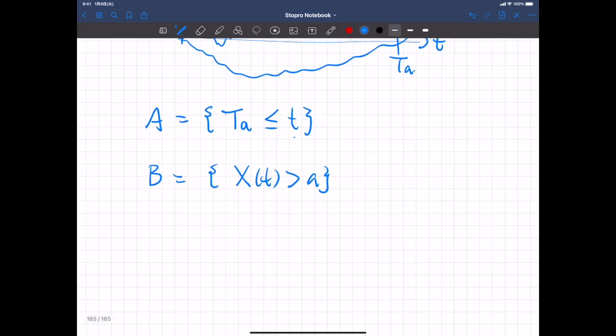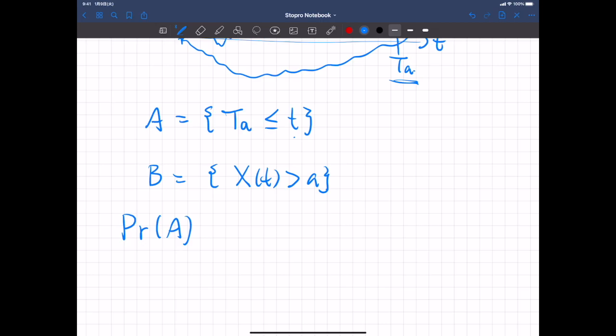Now, based on these events, we want to calculate the probability of the event A, which is actually the cumulative distribution function for this first passage time.